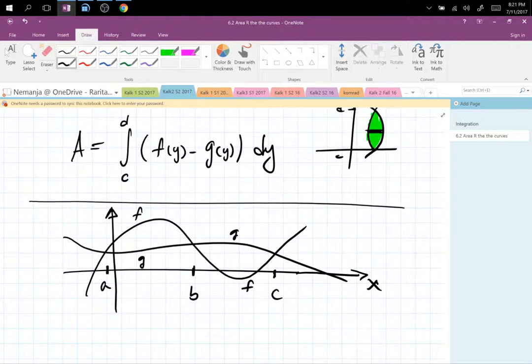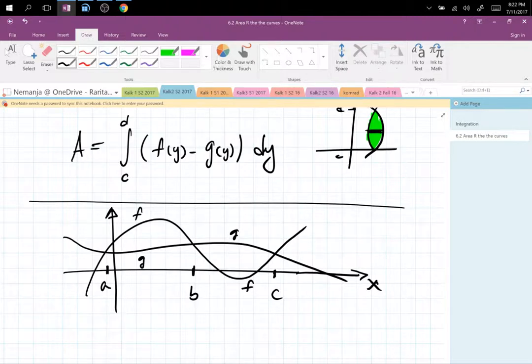Because a single integral cannot solve it, because here f is on top and g is on the bottom. This is f minus g and this is g minus f. So there will be two separate integrals, a to b and then b to c, added together for the total area.